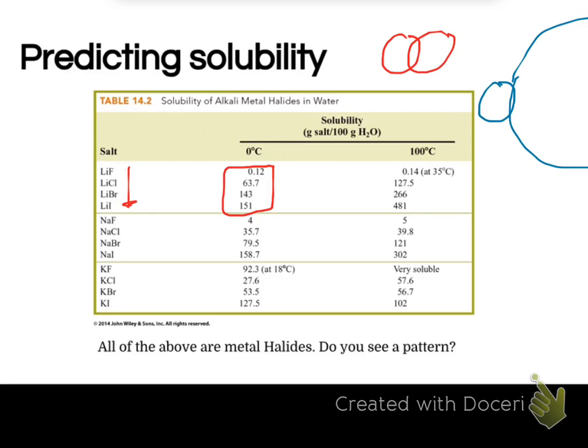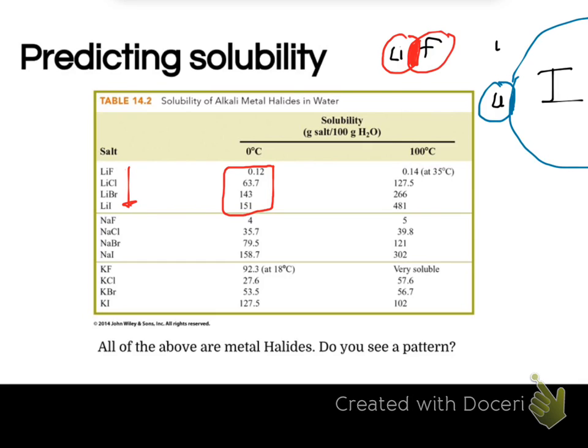And so if you think about how much overlap there is in these atoms, it makes sense that it's easy to rip apart the lithium and iodine, because there's not very much of the iodine atom involved in the bond with lithium, so it's kind of a weaker bond.